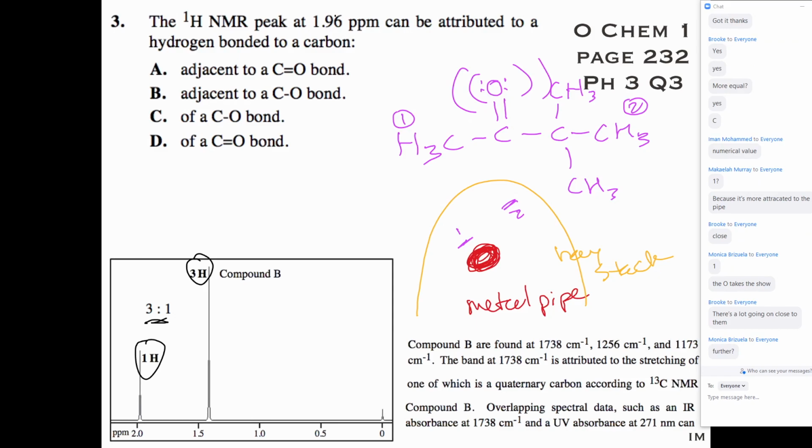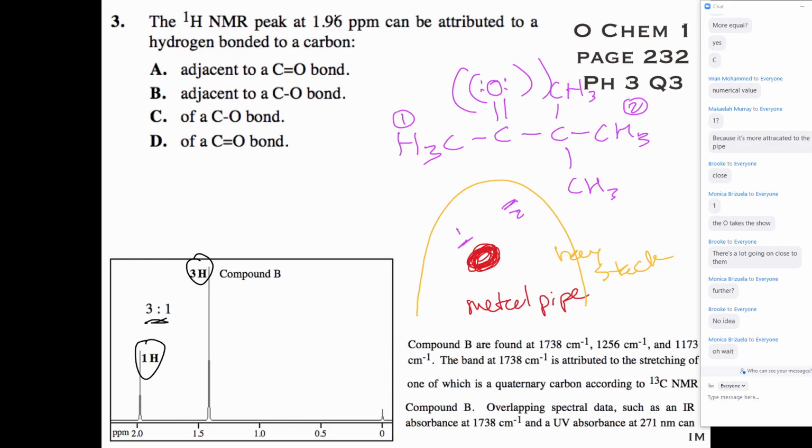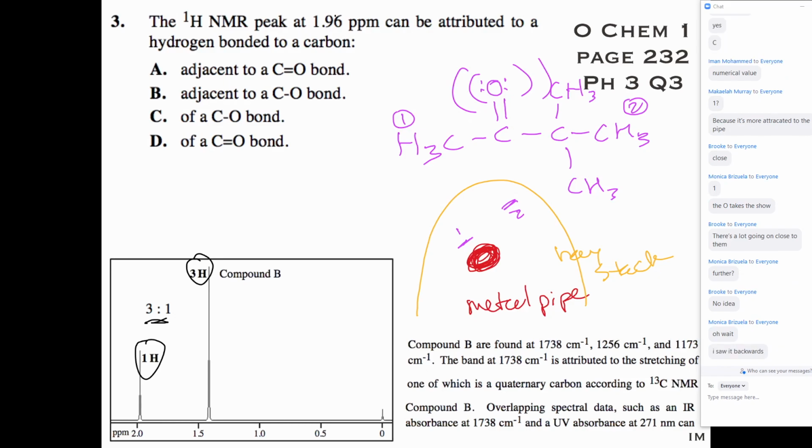So the 1.96 around here and the 1.56. And I'm trying to think what other key things they gave on this one. Yeah, so this is the key stuff from the passage. So what does 1738 tell me?